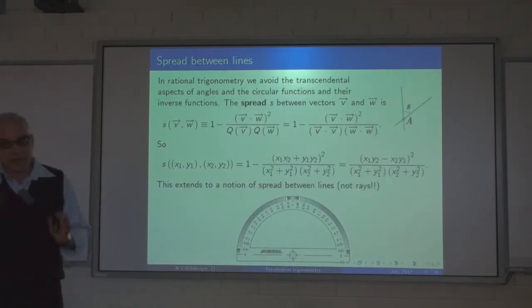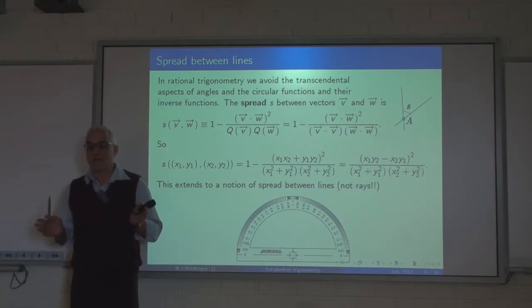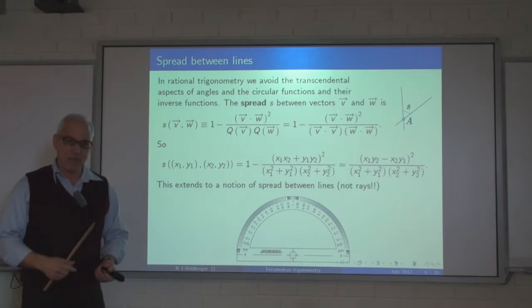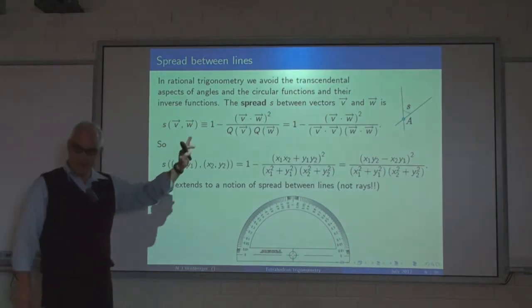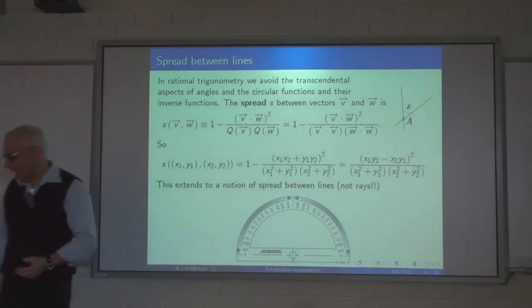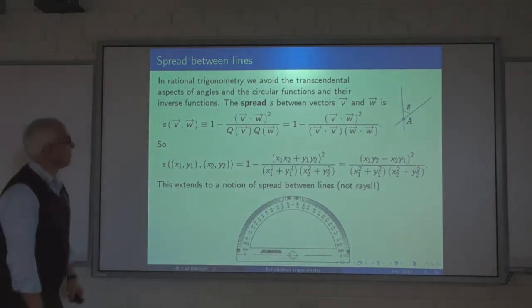Okay, so now the real innovation in rational trigonometry is when we go to angles and replace them with a new concept called spread. So you're all going to have to take a big breath and absorb this crucial definition. Okay, what is the spread between two lines? Well, here it is.